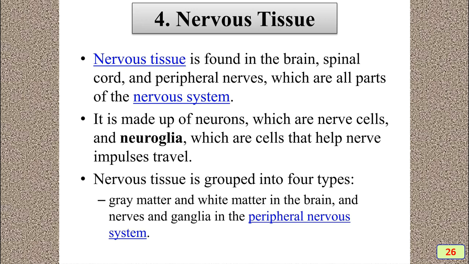So the nervous tissue is grouped into four types: gray matter and white matter in the brain, and nerves and ganglia in the peripheral nerves, which start from the spinal cord.